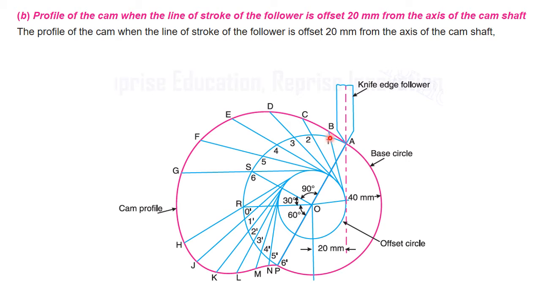Draw a line passing through 1 and tangent to the inner circle, and extend that line beyond the base circle. Similarly, we draw the line passing through 2 and tangent to the smallest circle. Similarly, we draw lines passing through 3, 4, 5, 6. A similar procedure is followed for the return stroke.